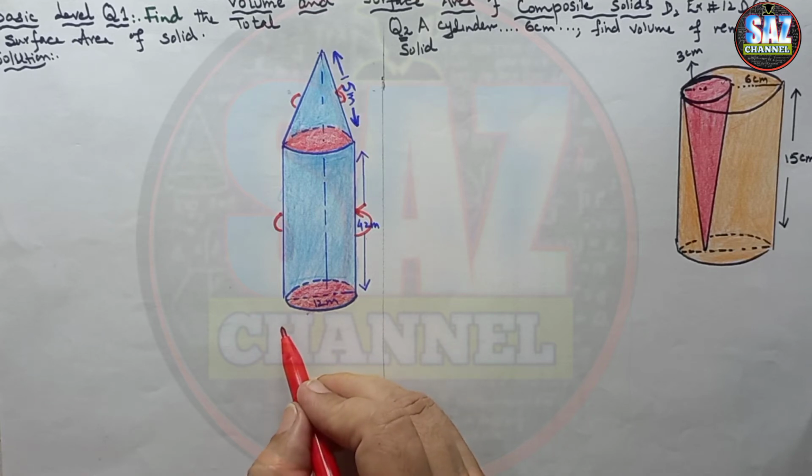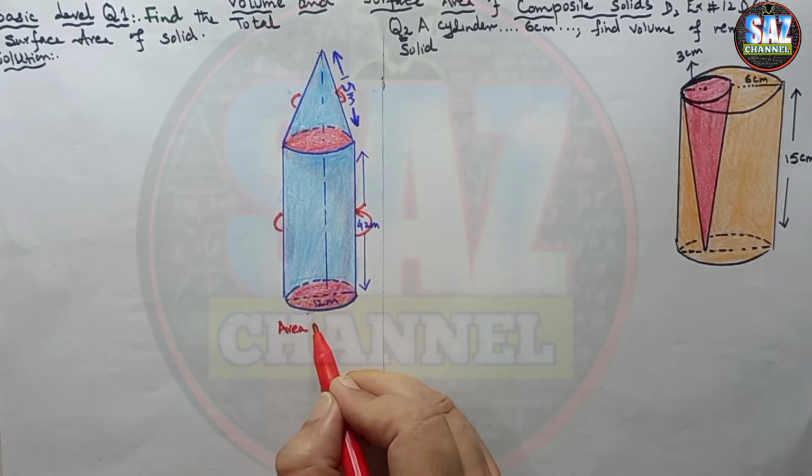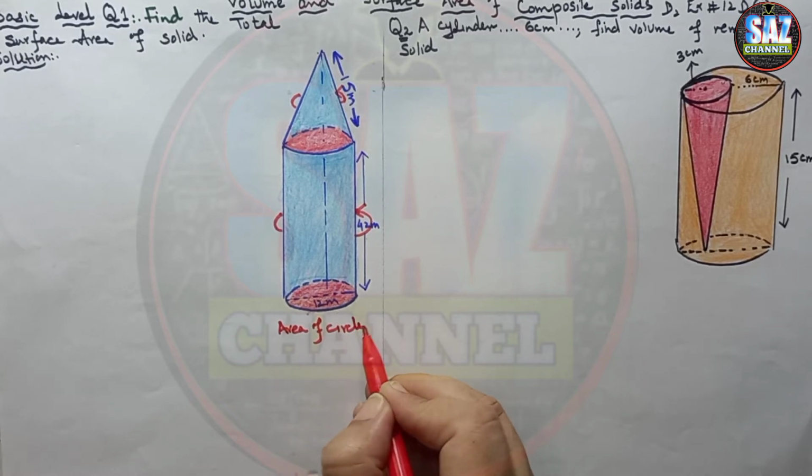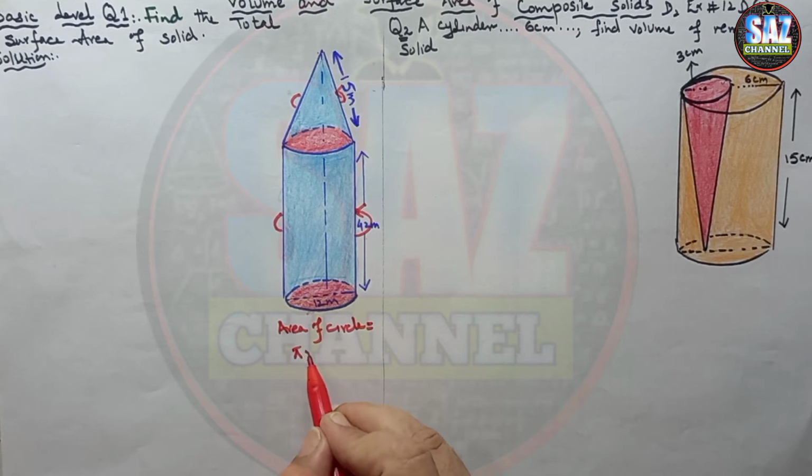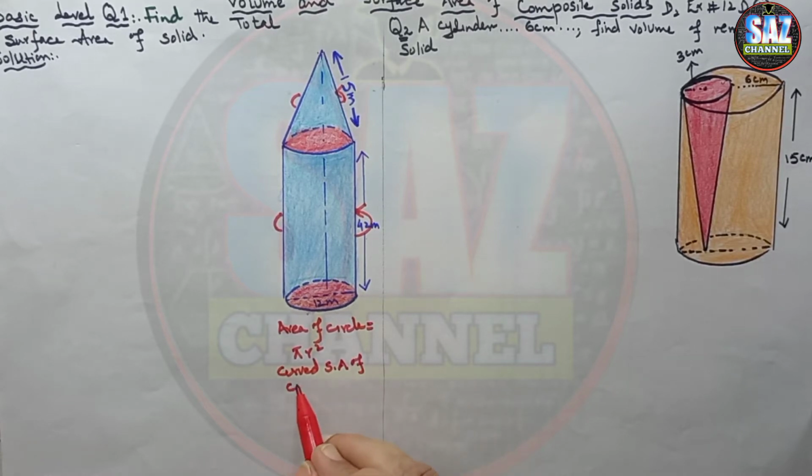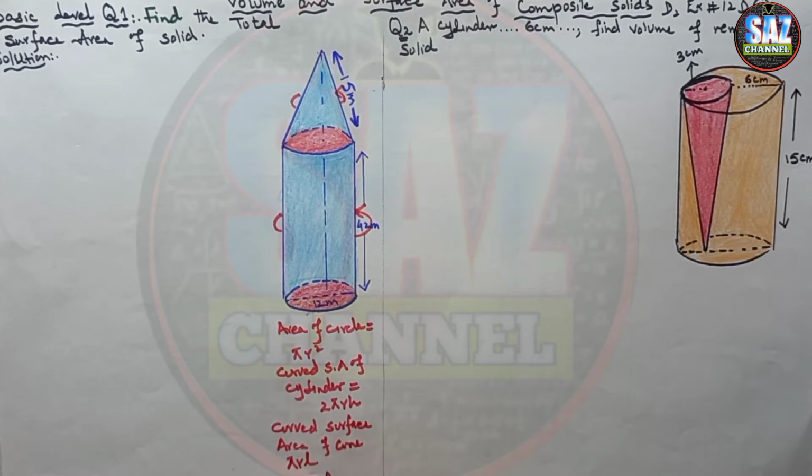So the formula for the area of circle is pi r square, and curved surface area of cylinder equals 2 pi r h, and curved surface area of cone is pi r l, where l is the slant height.